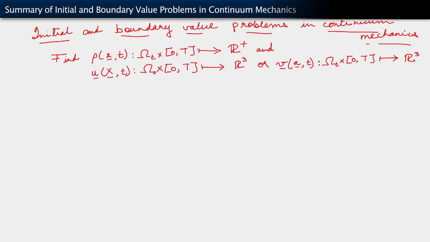Okay, and you recognize now which problems we're talking of when we put down the second line right here, right? When we say that we want the displacement field, we are really thinking of problems of solid mechanics. And when we say we want the velocity field, we're typically talking of fluids. Typically.